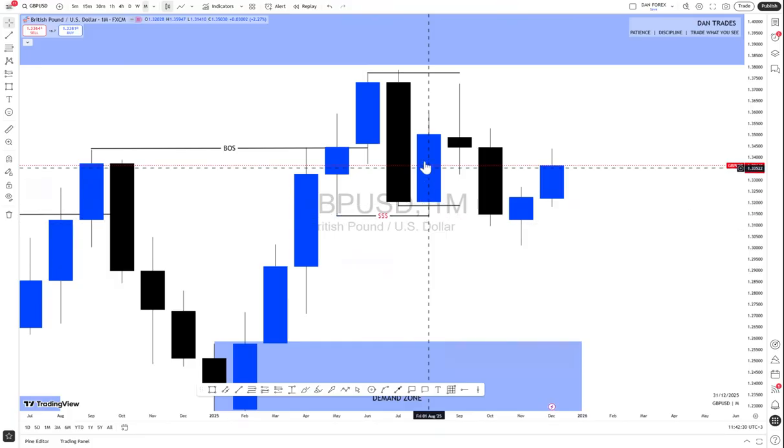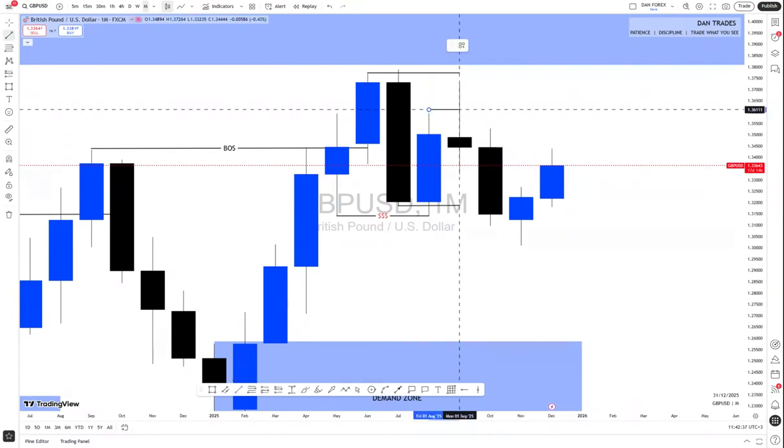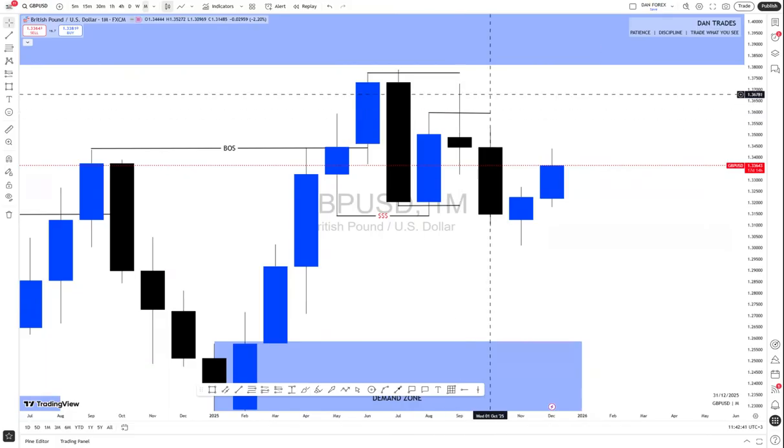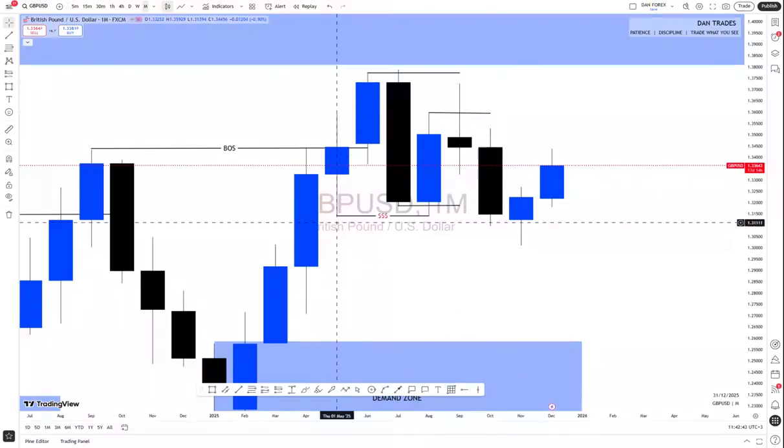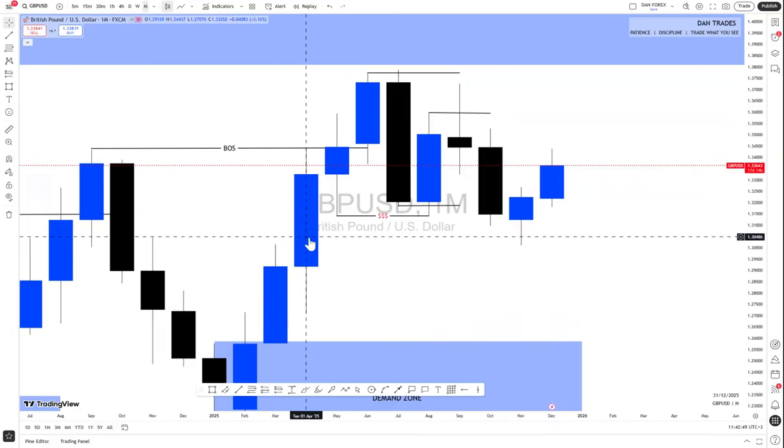So when we created this liquidity with this bullish candle, we also swept the high of that candle. After sweeping that, it was automatic that this market is going to have a sell, targeting these liquidity levels here to mitigate fully to this FVG on the monthly time frame.